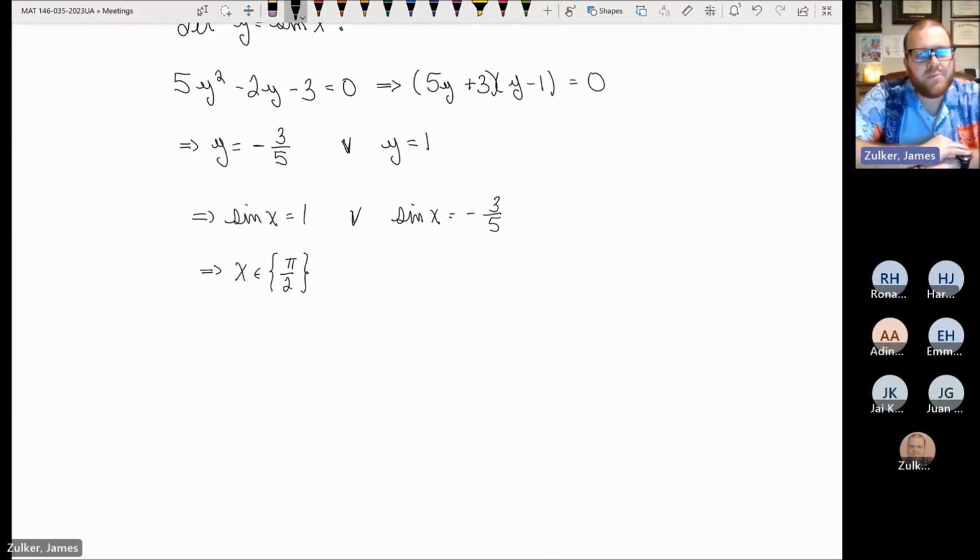If sine is 1, x would be pi over 2, right? If sine is negative 3/5, then what is x?